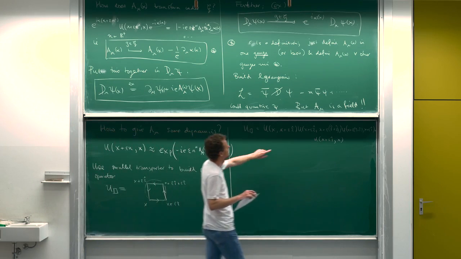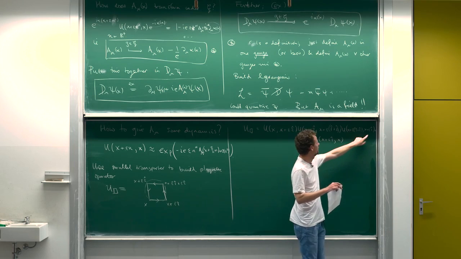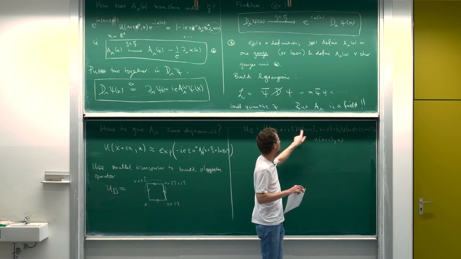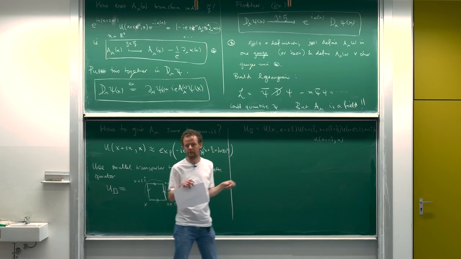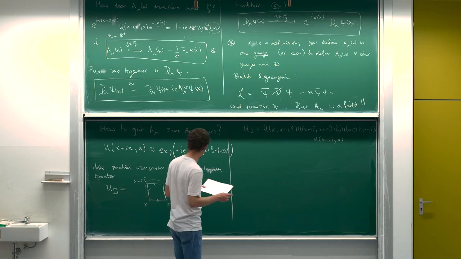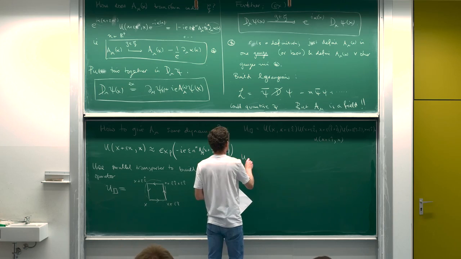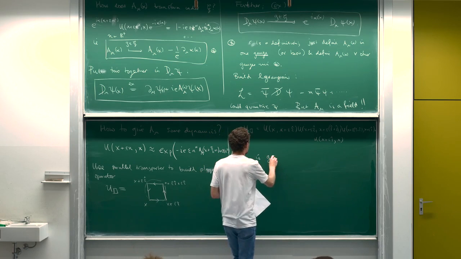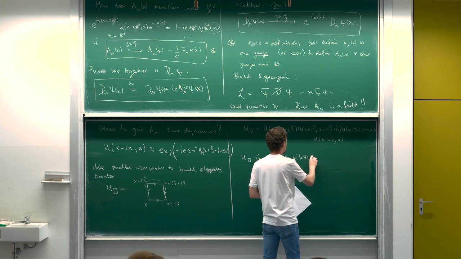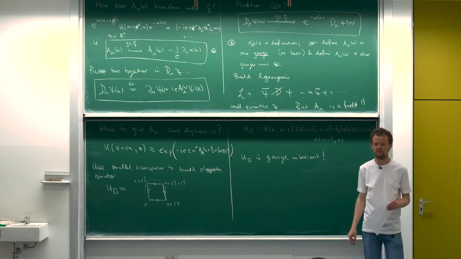It's the actual route that we took. We went in the 1 direction for a bit, then we went in the 2 direction for a bit, then we went in the -1 direction for a bit, and then we went in the -2 direction for a bit. And note, U box is gauge invariant.